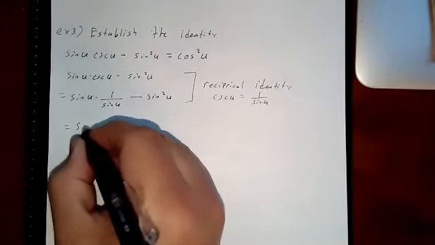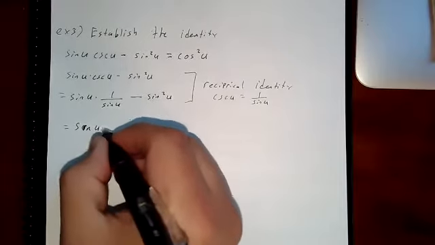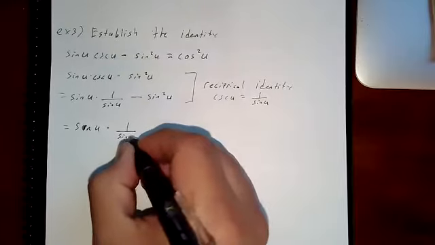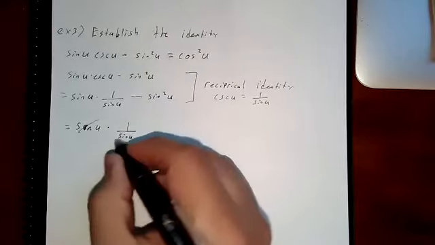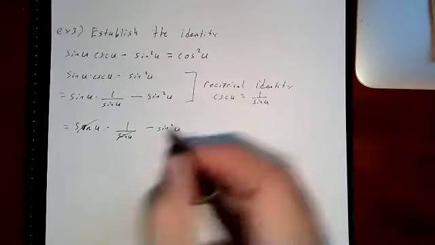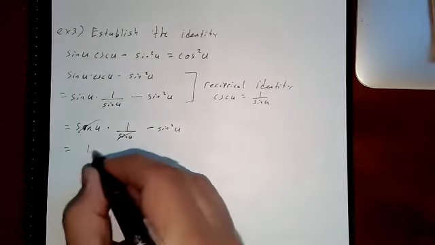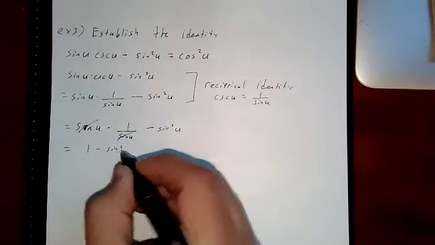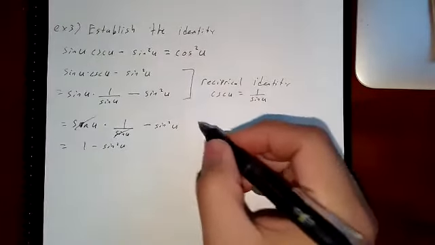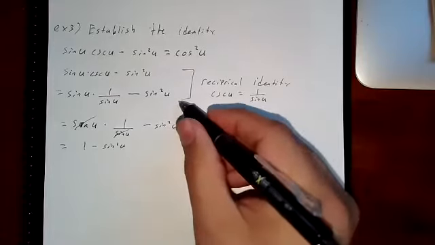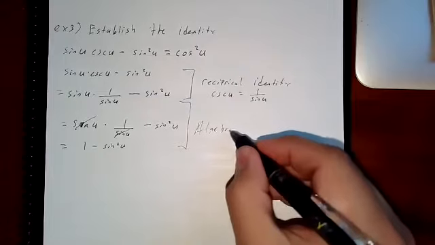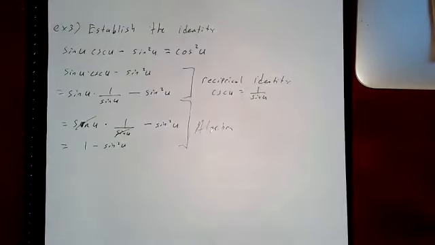Okay. Now they're going to cancel, right? So sine u times 1 over sine u minus sine squared u is equal to 1 minus sine squared u. So here to here was just basic algebra, the fraction canceled.